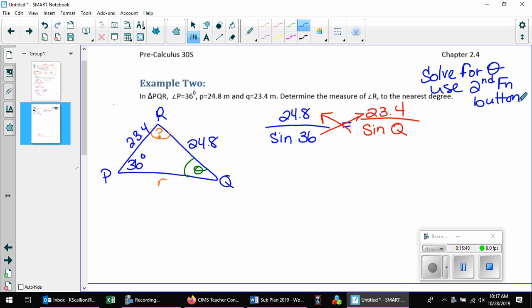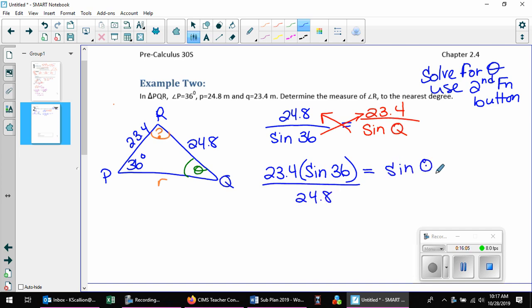Anytime we're solving for an angle, we're going to use that second function button. So I got 23.4 times sine of 36. How do you guys feel about me jumping right to that? What's going to happen here is this has to be less than 1, because we know the sine value is not going to be greater than 1.